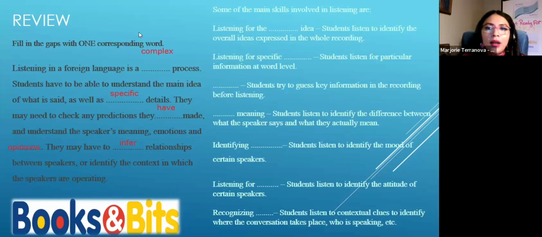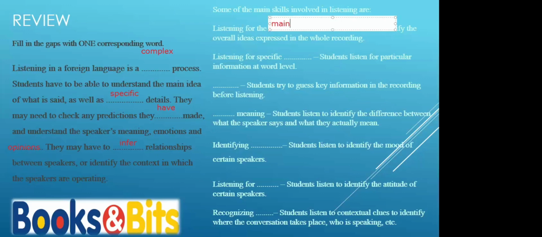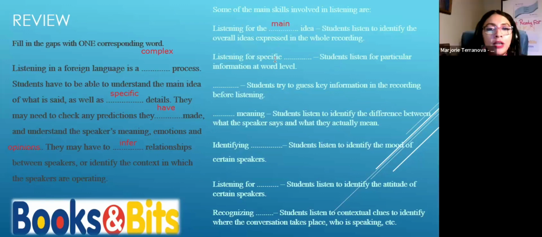Now, certain strategies are when students listen to identify overall ideas expressed in the whole recording. What are they listening for? Listen for the principal idea. Synonym of principal? Main. Main idea. Perfect. Listening for specific, particular information.